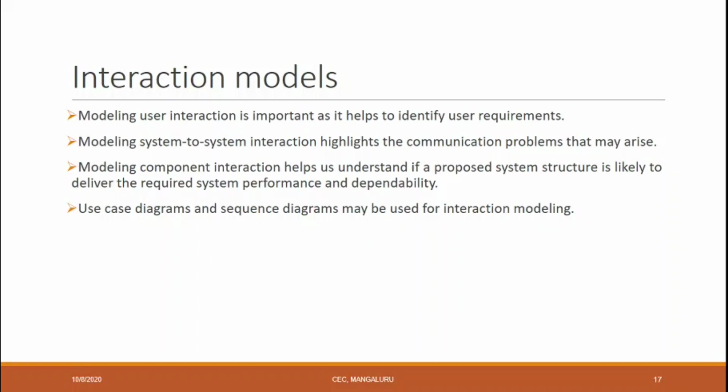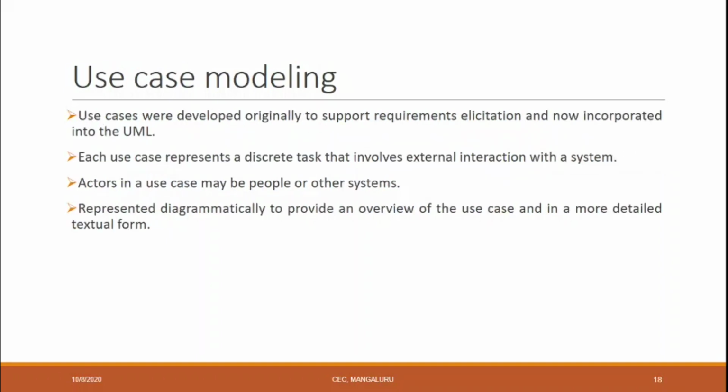Modeling system interaction is to highlight the communication problems that may arise during the system requirements, and component interaction helps to understand if a proposed system structure is likely to deliver the required system performance and dependability. That is what we are going to be seeing in the coming slides. So we have use case modeling as well as sequence modeling.